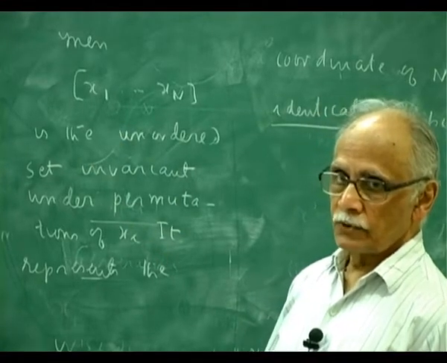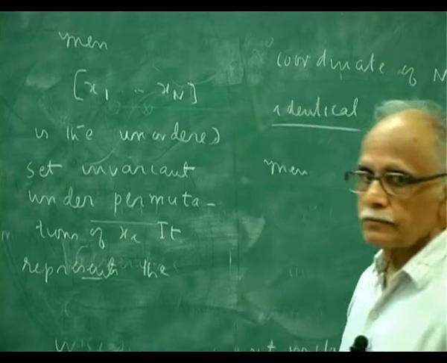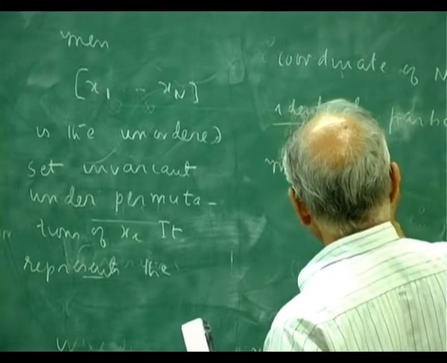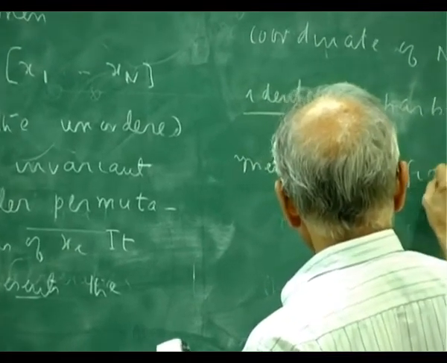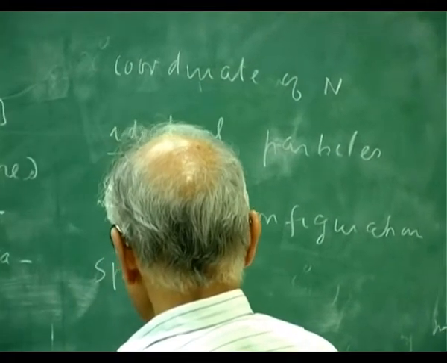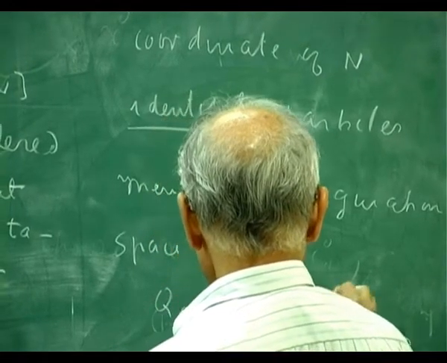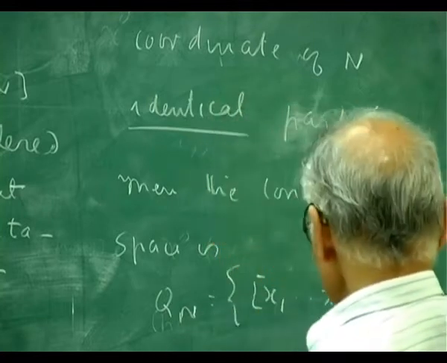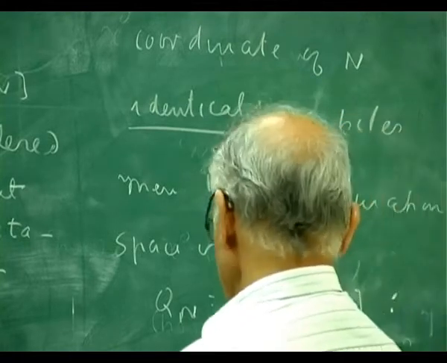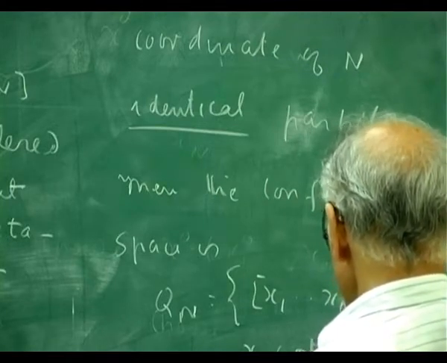Then the configurations, the configuration space, is Qn, which is the set of all x1 up to xn, consisting of xi in Rm, xi not equal to xj, i not equal to j.